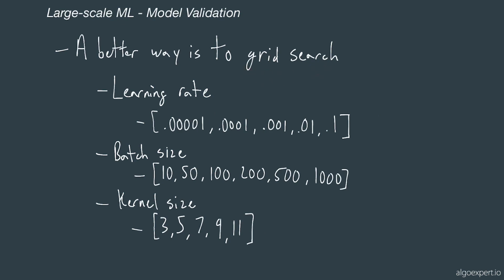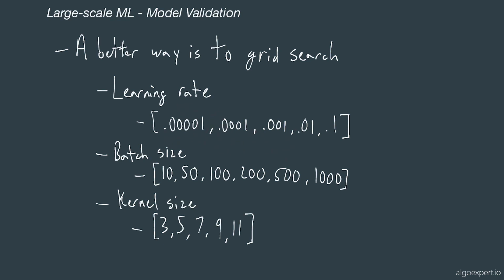So in this case, we could list the possibilities that we want to try in terms of the optimal setting for each hyperparameter. So here the learning rate would have these, the batch size would be tried with those values, and the kernel sizing would be tried with those. The reason why grid search may be better than random at times is because it allows us to select intervals that are meaningful.